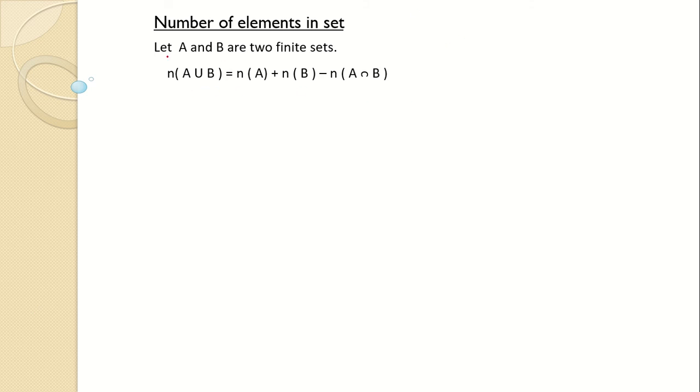Now you can see this n of A union B. Suppose you want to find out the intersection in the sum, then you can bring this intersection to this side, right? So this is minus, it comes here, it will become plus, and if this union goes that side, it will become minus.